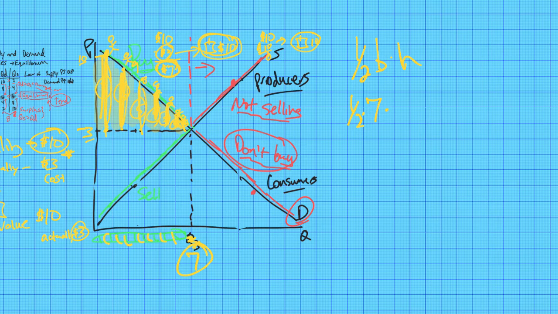And then our height is the difference between our price and what people were willing and able to pay, right? Which is 3 to 10, which is 7. Okay, so what this equals is 49 divided by 2, which would be 24.5. Okay, so what we call this is total consumer surplus.